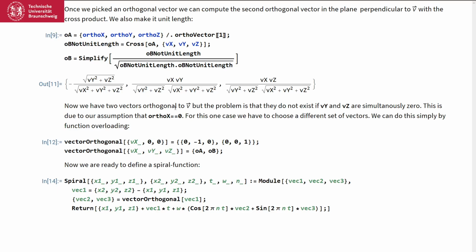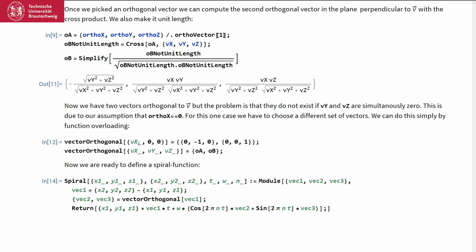What did I write? Now we have two vectors, but the problem is that they do not exist if y and v sets are simultaneously 0. And this is due to our assumption order x is equal to 0. So in this case, we have to choose a different set of vectors, and we can simply do this here by overloading.